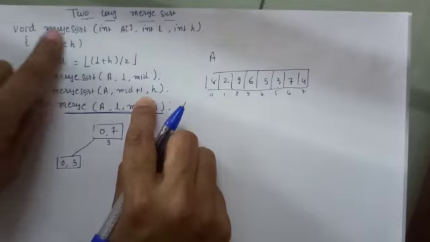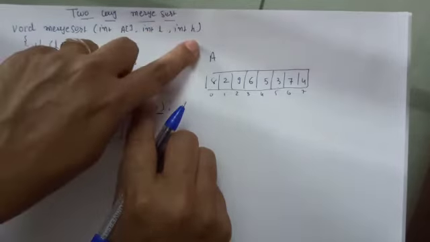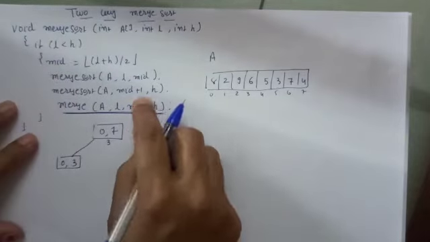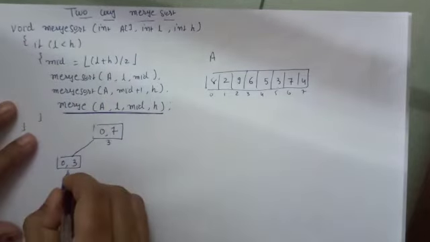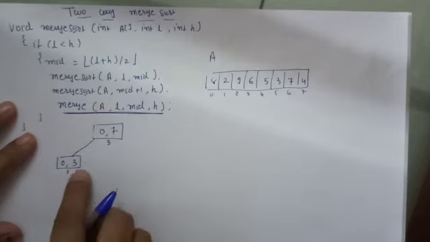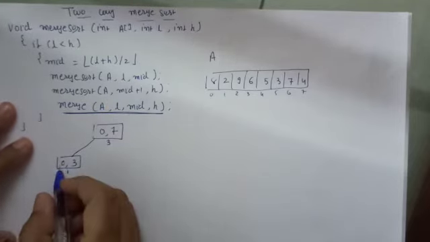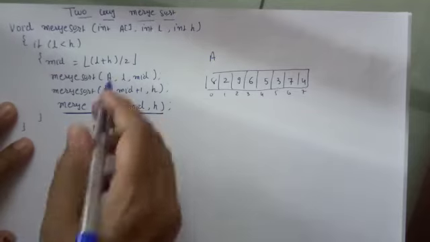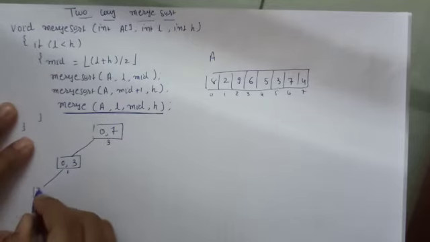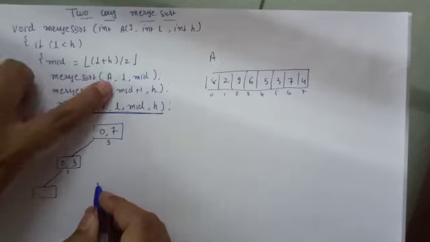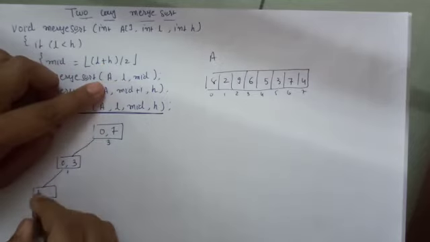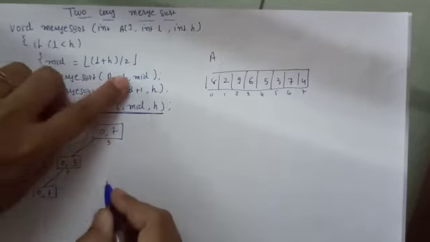Now again a recursive call for 0 to 3. 0 is less than 3. Let me find the mid. Mid is 1, because 0 plus 3 divided by 2 with floor is 1. Now for this call, lower to mid, 0 is lower and mid is 1.